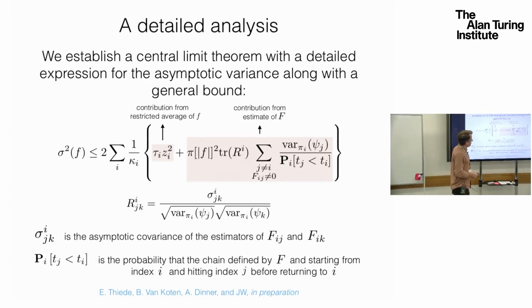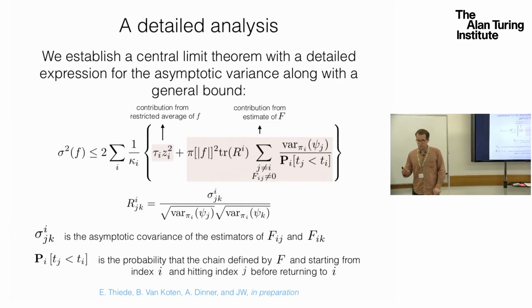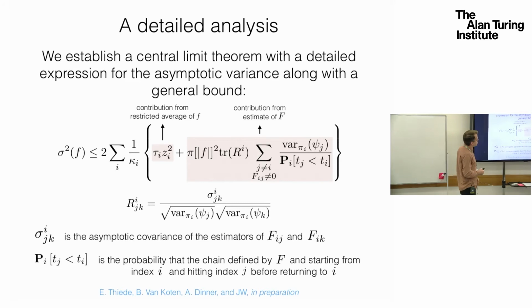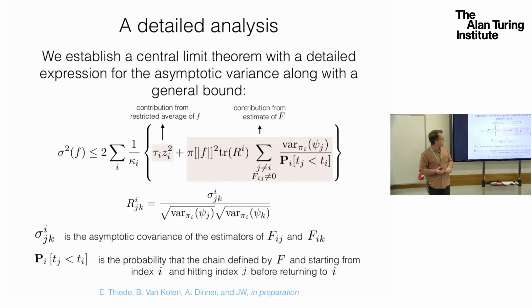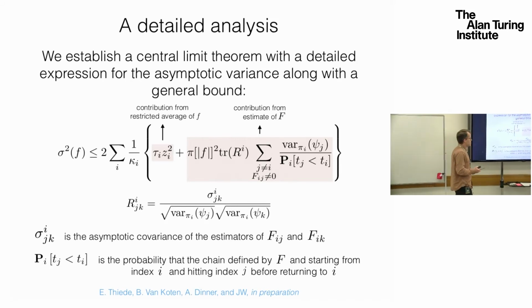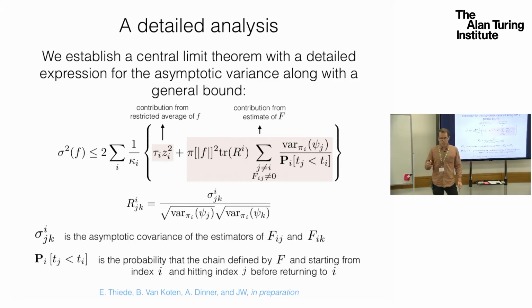I said what we really wanted to do was understand why this thing works. So step one in understanding why it worked was coming up with a general error bound. So this is a bound on the asymptotic variance of the scheme. Okay? So we assume that your sampling schemes for pi i all have some asymptotic variance.